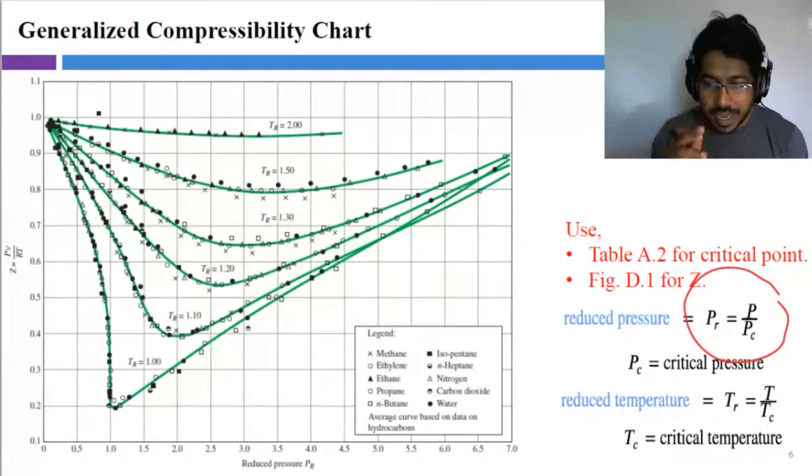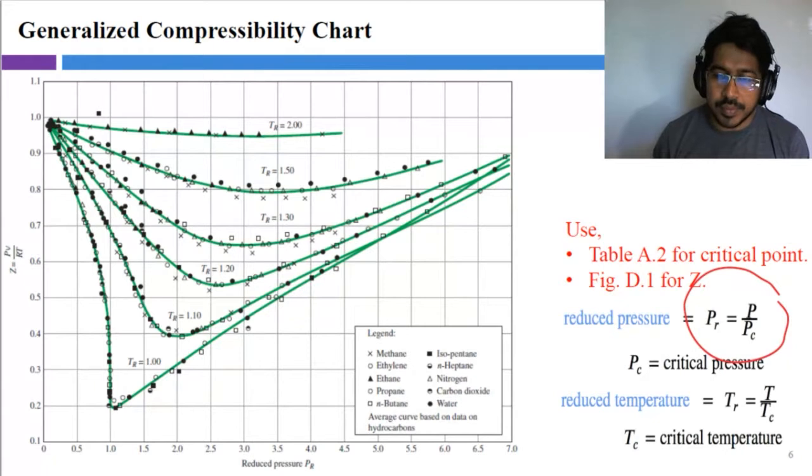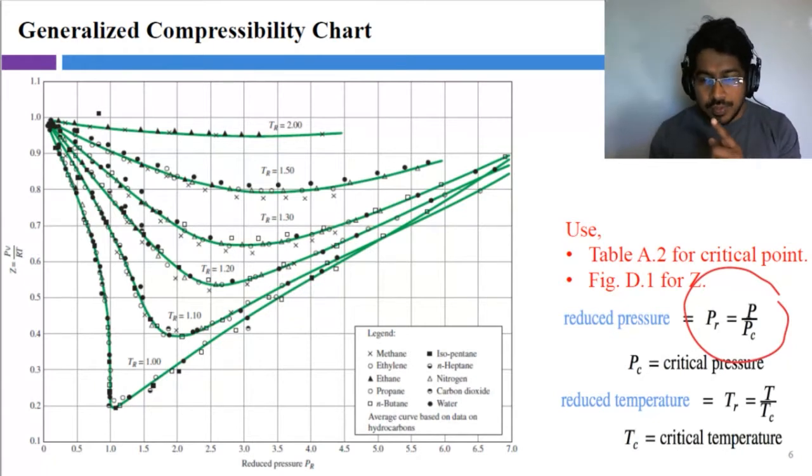Similar to this, we can calculate reduced temperature. Reduced temperature is temperature divided by critical temperature. Now, this temperature is given in Kelvin. If you substitute in Celsius, then it's going to be a problem. It will not work because this relationship is designed based on the Kelvin scale, right?